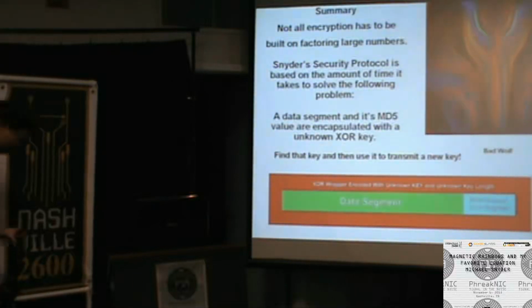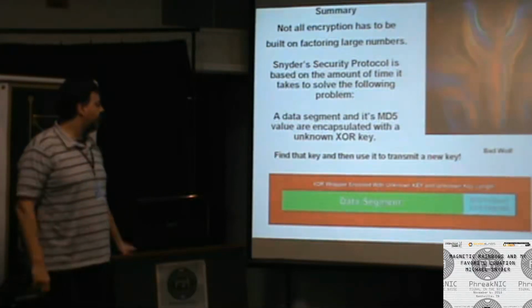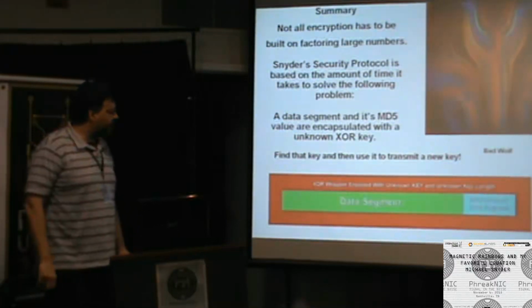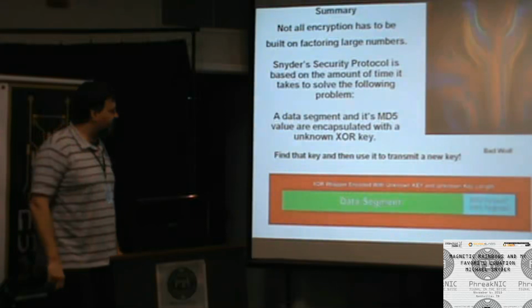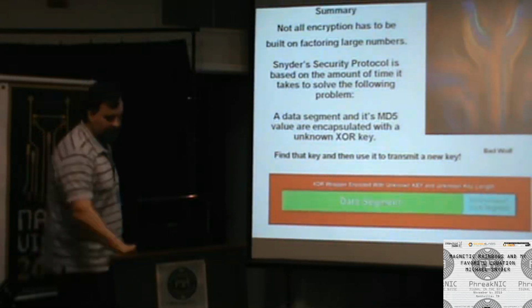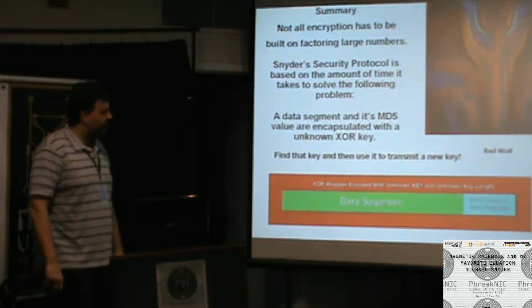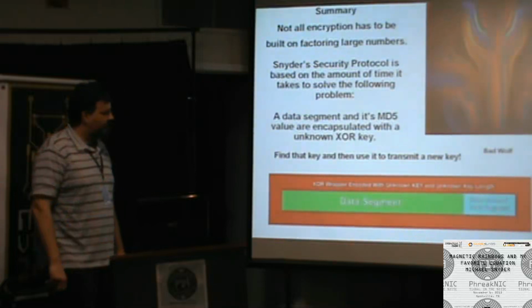So this is a different kind of math problem. I have a data segment, I have a message digest value, and I have both of them wrapped up with a key. Now you can think of this, if you squint your eyes just right, you can think of the MD5 value as an eigenvalue.